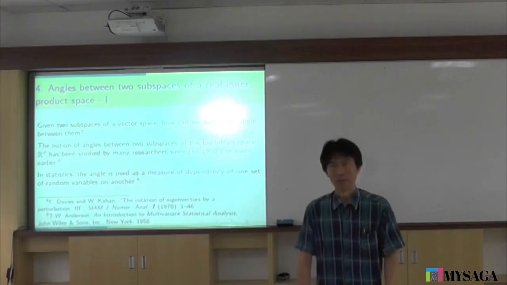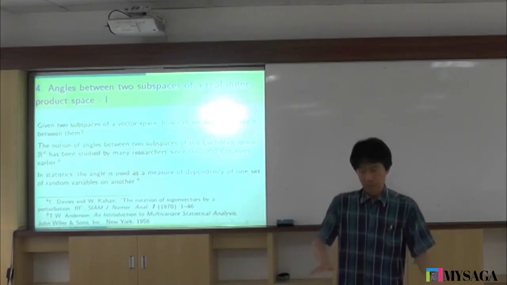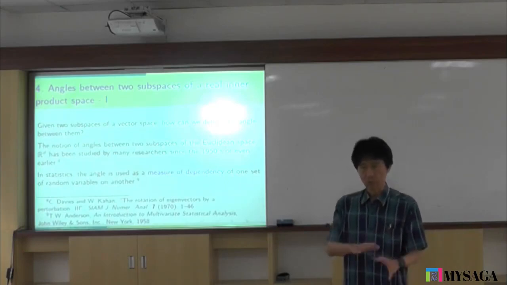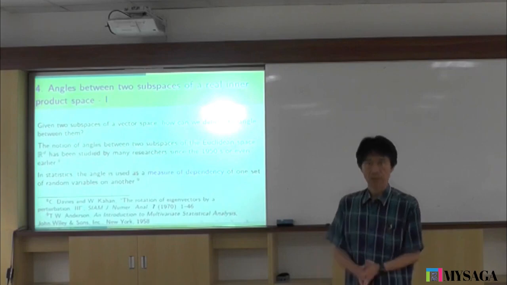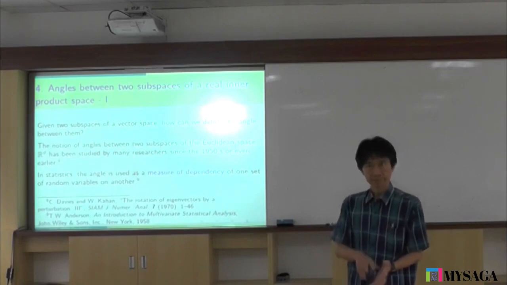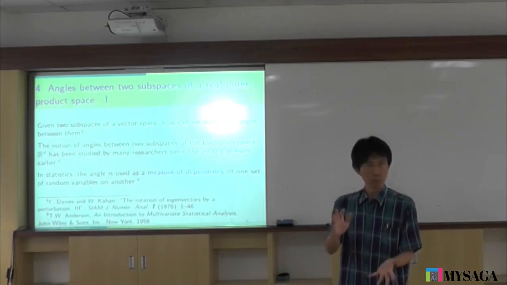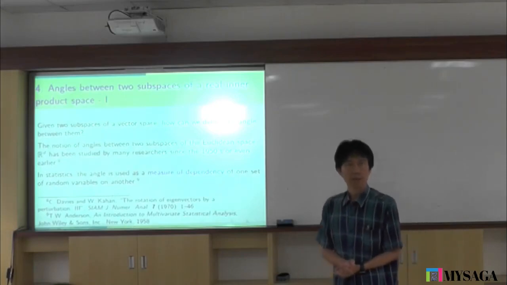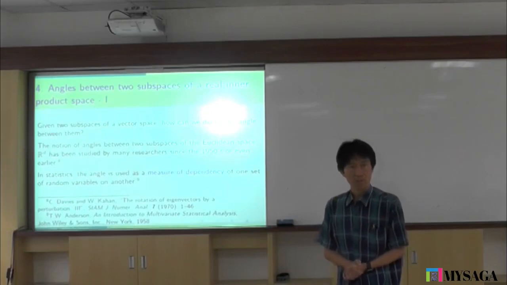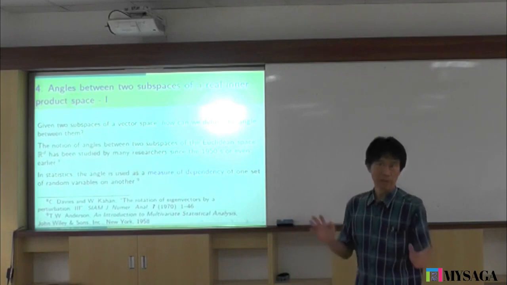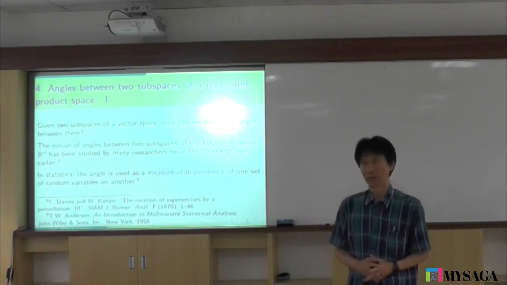So if we have a set of random variables and we want to reduce the number of variables, then we want to know how good is our approximation. The same thing also appears in other areas, but I'm not an expert in those areas, so I cannot say too much.